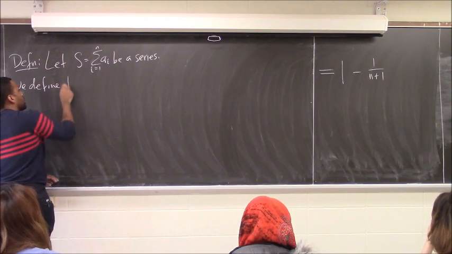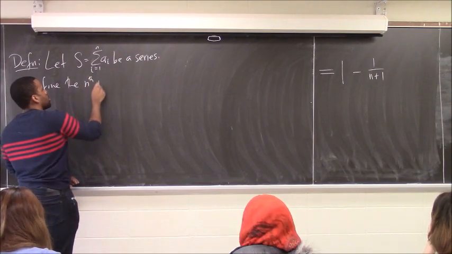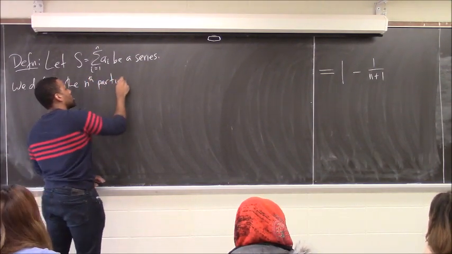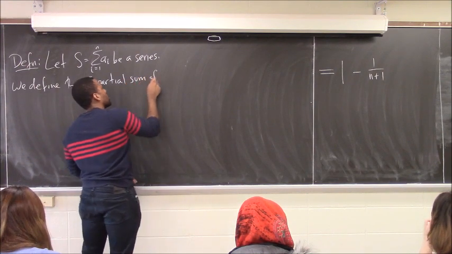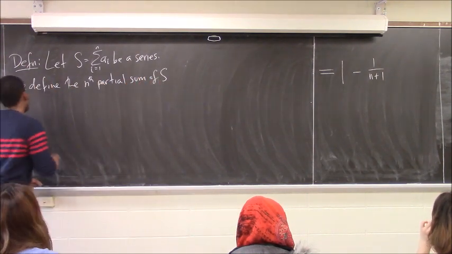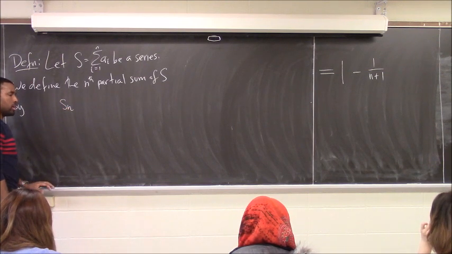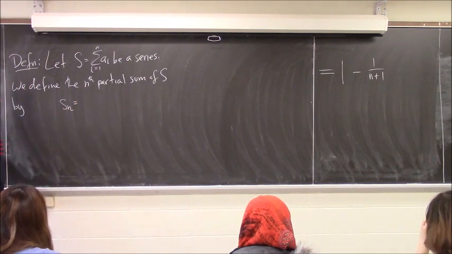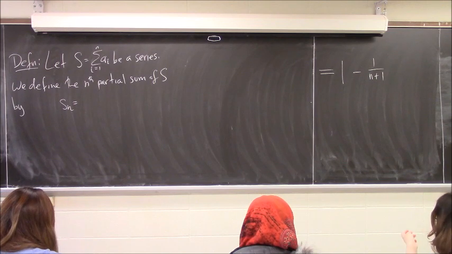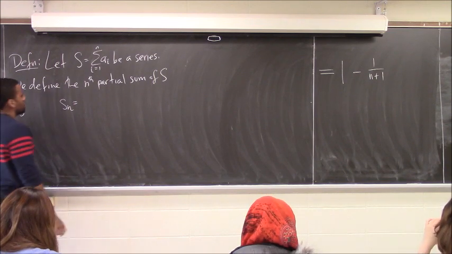We define the nth partial sum of S by this expression called Sn, and basically it is the sum of the first n terms.